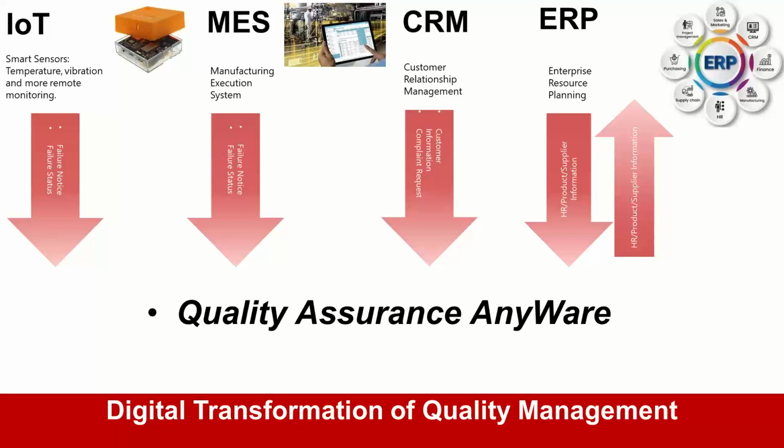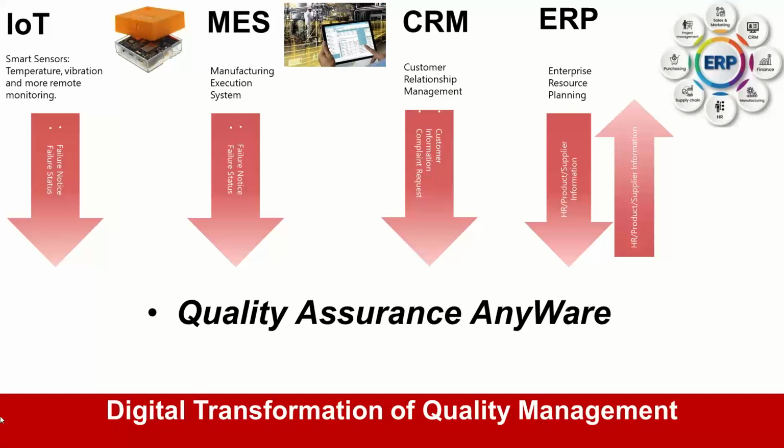It is ready to talk to the ERP system with an integration, maybe a CRM system, manufacturing execution system, IoT devices, smart sensors, and other type of sensors that you may have at your company. Today, we'll be demonstrating Quality Assurance AnyWare with Sage Intacct ERP system. My colleague Sam will be demonstrating Quality Assurance AnyWare with Sage Intacct ERP system right after my presentation.